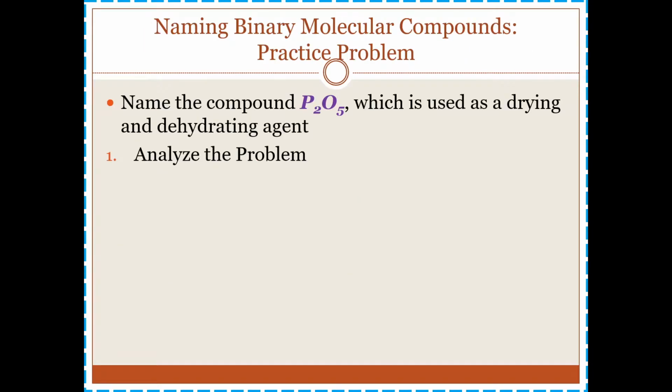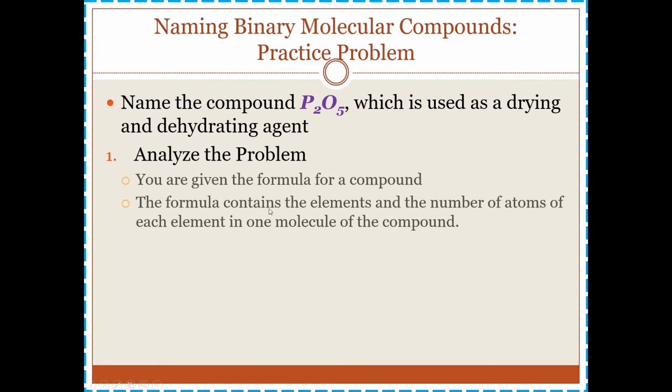Here are some practice problems. We have P2O5. First we analyze the problem. You're given the formula. The formula contains the elements and the number of atoms. Here are your elements given by the symbols, and here's the number of atoms per element.